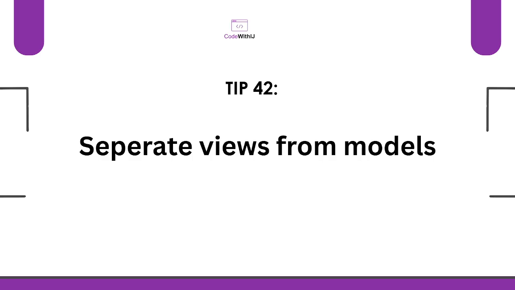So most times, separate views from models, separate business logic from view. There's going to be a context file that contains your business logic, another file that contains your data structure, your data model, and another file that contains your view that your clients are going to see on your website.